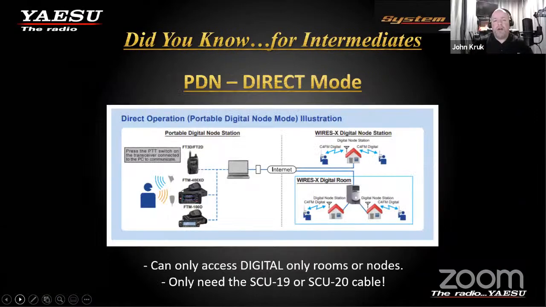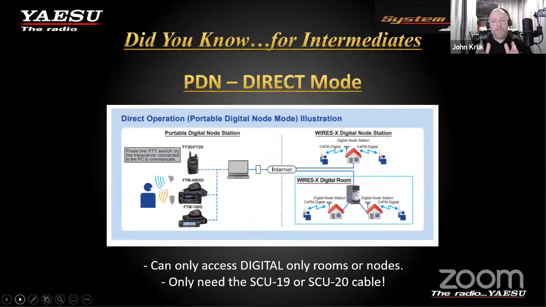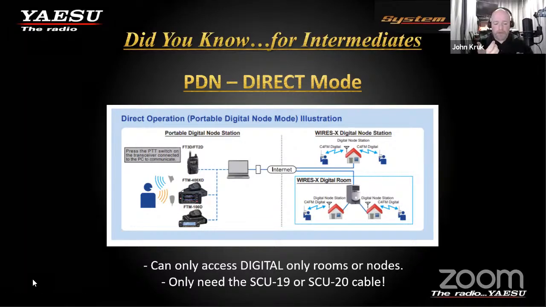So the first manner is what we talk about as PDN. That's personal digital node. Notice personal digital node. Think of digital in there as saying it's digital only. When you are using it, you have two options. You have direct or you have access point. In this case, looking at the screen here, we're using it in direct. What that is basically doing is you're using your radio as, per se, a giant speaker microphone.